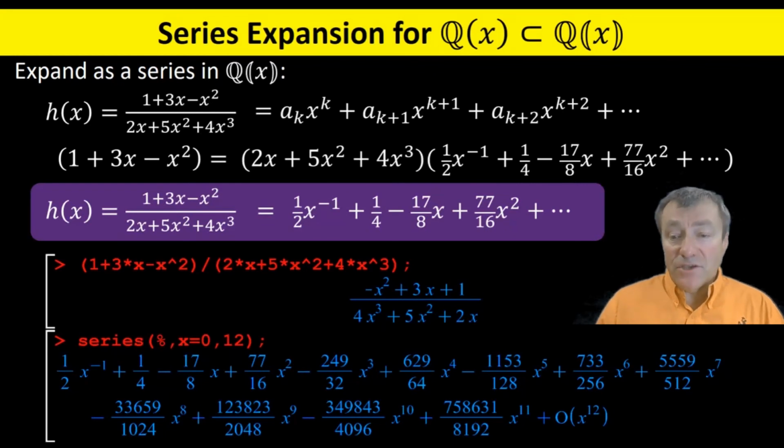Now some comments here. It is really no harder to divide two Laurent series than it is to divide two polynomials or two power series. So formally, it's all the same process. This shows you that our set of Laurent series is a field. Moreover, it is the set of quotients of the power series.